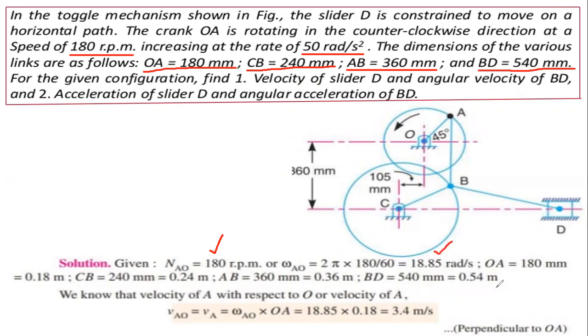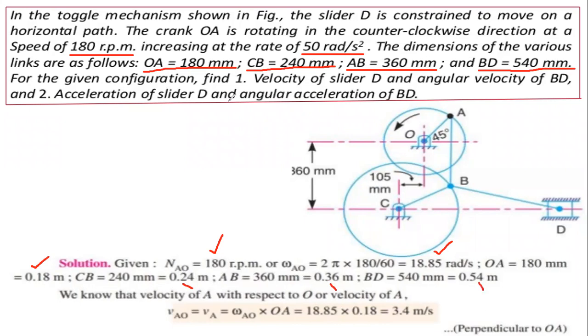Next, we need to write the different lengths of the links and convert them into meters, because all the units are in meters. First, OA is 180 mm, in meters it is 0.18 meters, and next CB 240 mm, that is 0.24 meters, and next AB 360 mm, 0.36 meters, and last BD 540 mm, 0.54 meters.